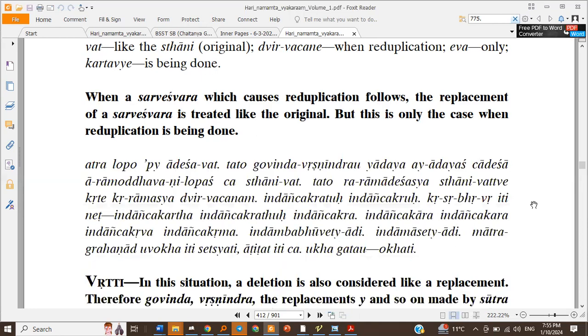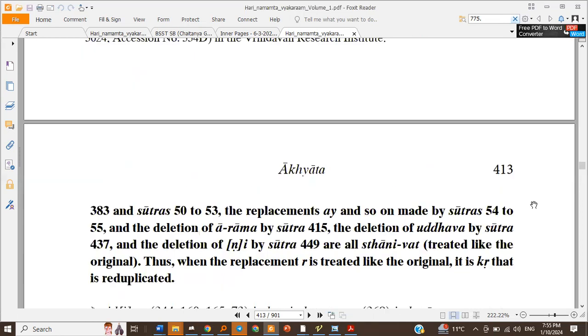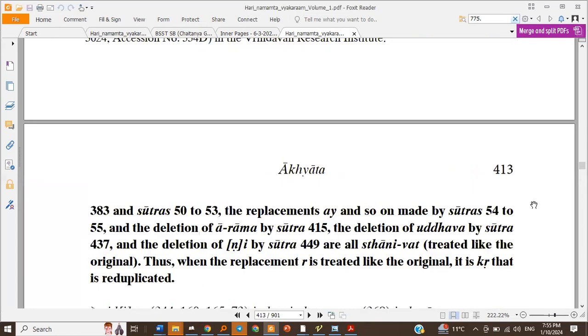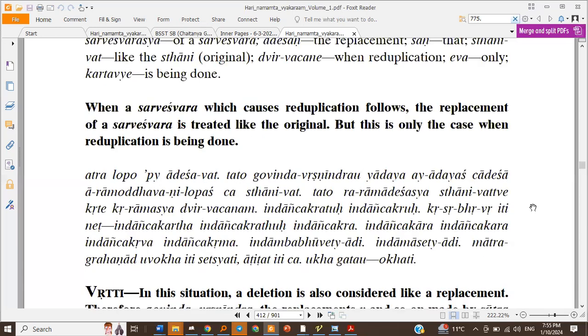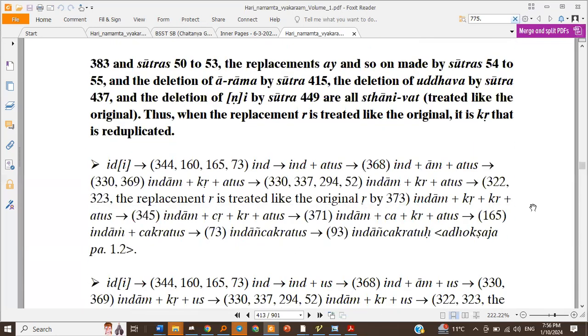Okay, let's see. So what the sutra is telling: we have this dhatu idi, and then we have the pratyay atus.